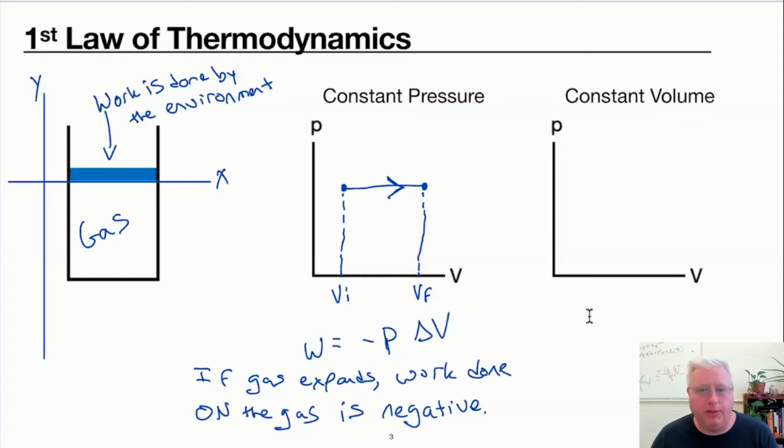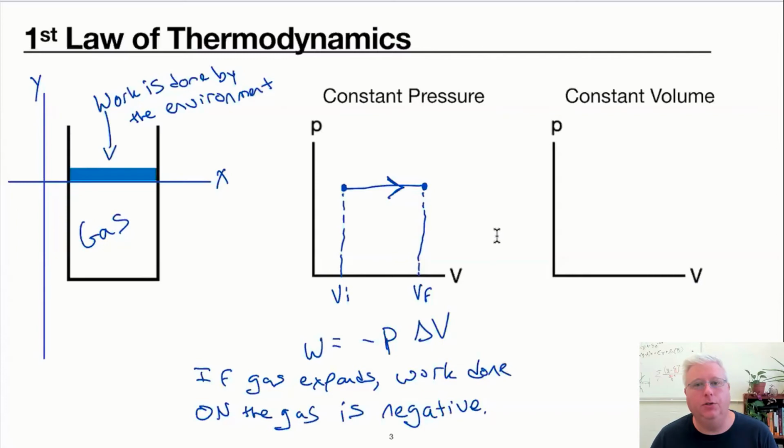So the constant pressure process is what we have here when the only pressure is coming from the atmosphere and the weight of the piston, right?